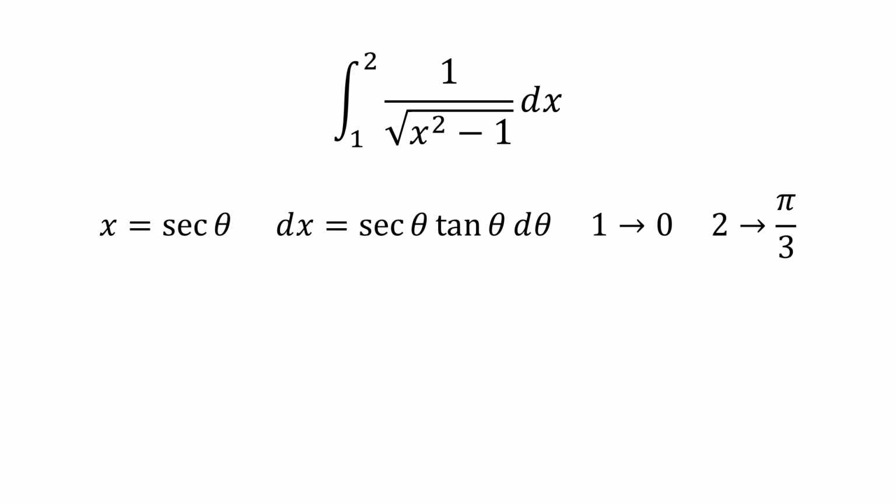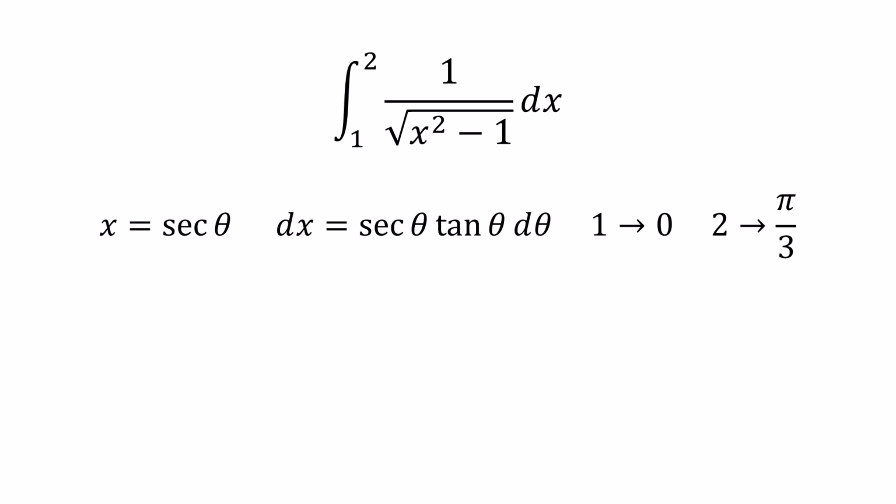The differential is then dx equals secant of theta tangent of theta d theta. Under this transformation, 1 goes to 0 and 2 goes to pi over 3.